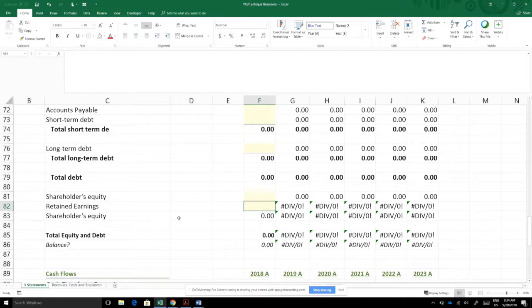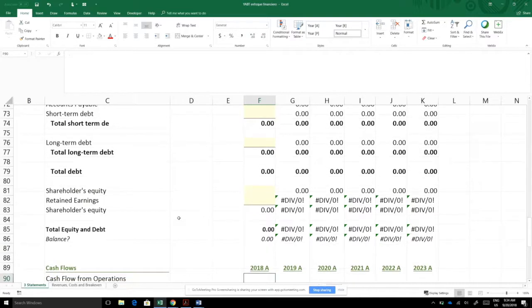So this is a formula. Okay. And here this should be zero because what this is saying is that all your assets you obtained by getting debt or by getting equity.